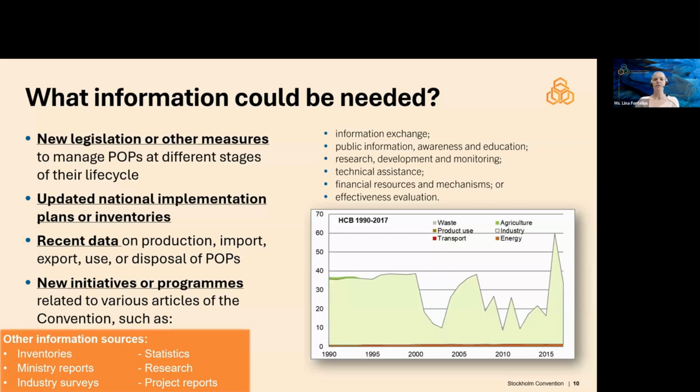And there are also some very general requests for information related to various articles of the convention, such as information exchange, public information awareness and education, research, development and monitoring, technical assistance, financial resources and mechanisms, or the effectiveness evaluation.